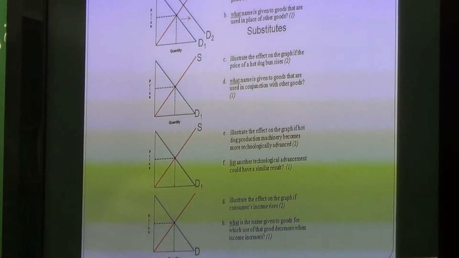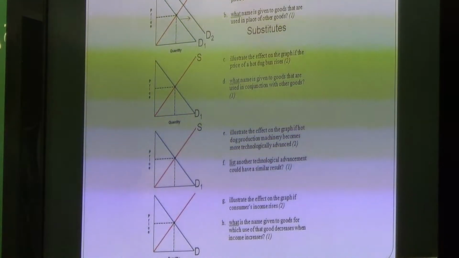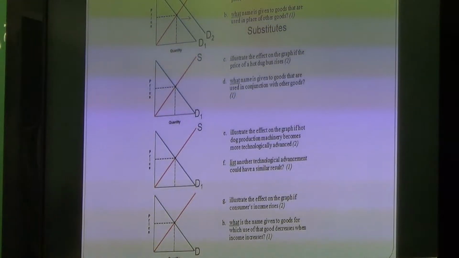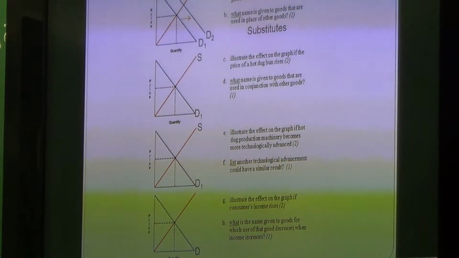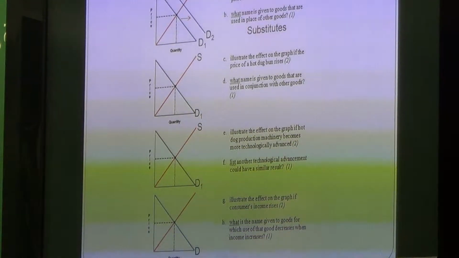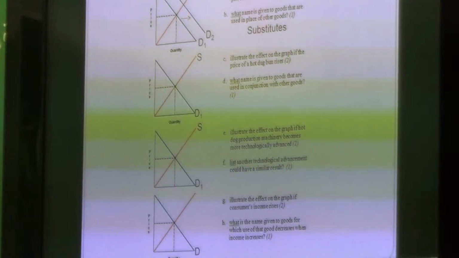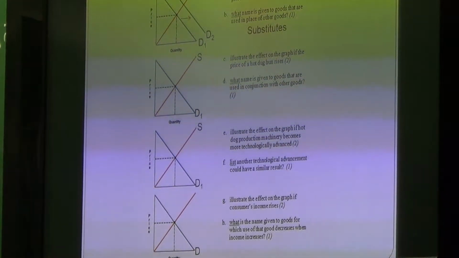Illustrate the effect on the graph if the price of hot dog buns rises. So let's actually answer this next one before we look at what we're gonna do. What name is given to goods that are used in conjunction with each other? Complements, right. So if the price of hot dog buns rises, what's gonna happen to hot dogs? Yeah. The demand's gonna shift to the left because people aren't gonna wanna buy the hot dogs if the hot dog buns are so expensive.